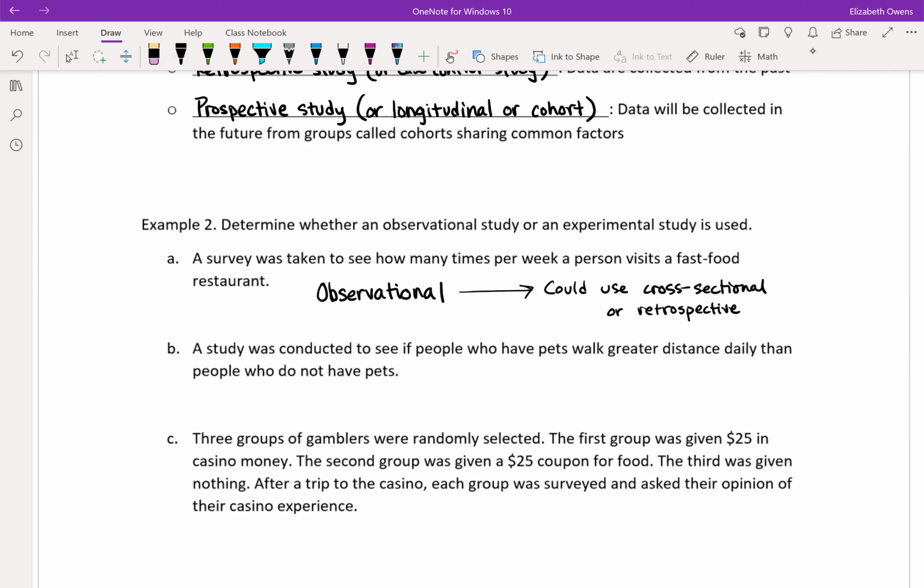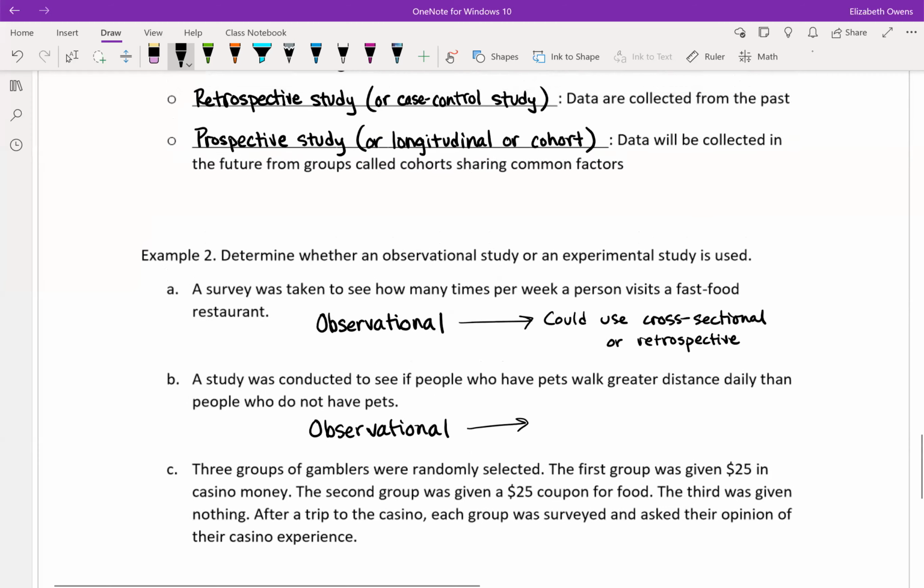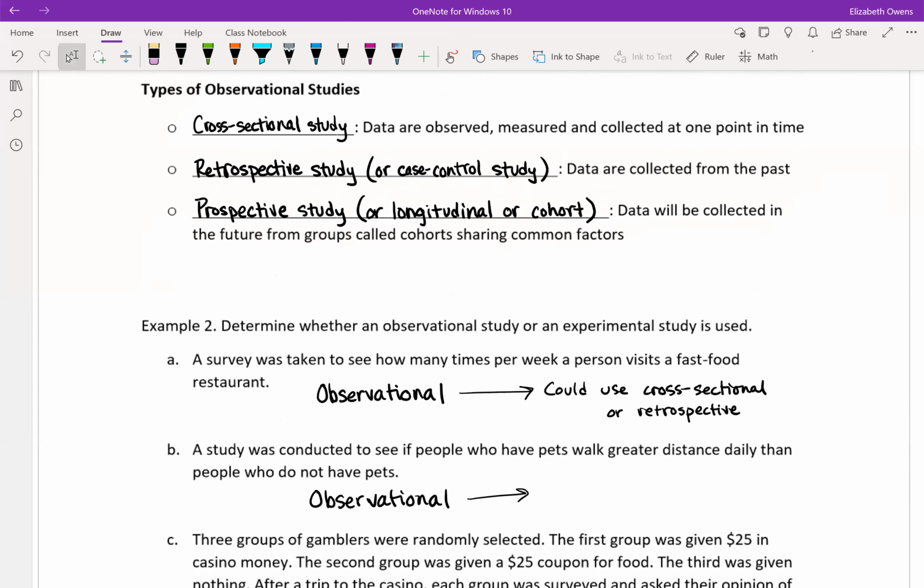This sounds like an observational study as well. Let's break it down a little. In terms of types of observational studies, we could use a cross-sectional approach here, just looking at people at a moment in time.